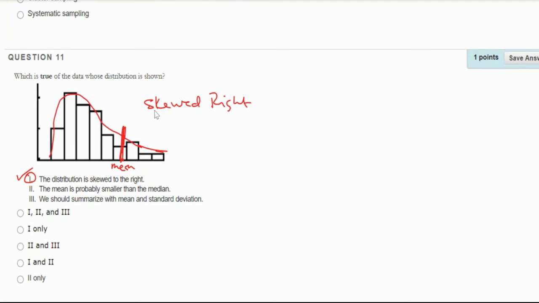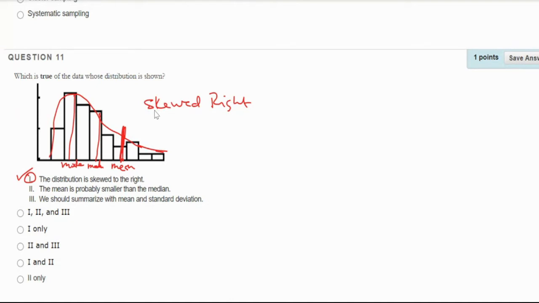If the mean is somewhere here, the tallest part is the mode, so the median will be somewhere here. So is the statement that the mean is probably smaller than the median true or false?